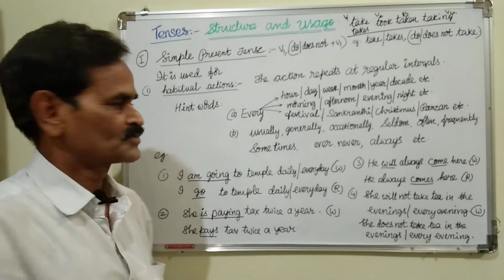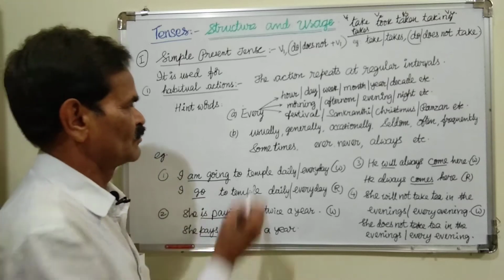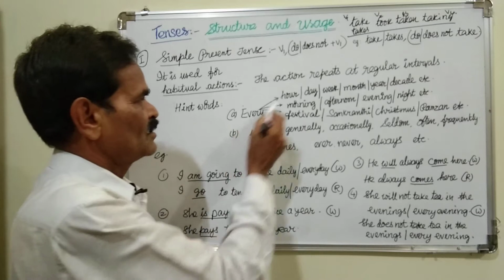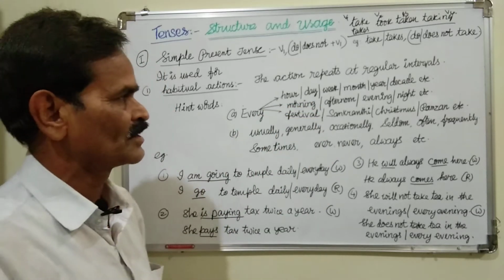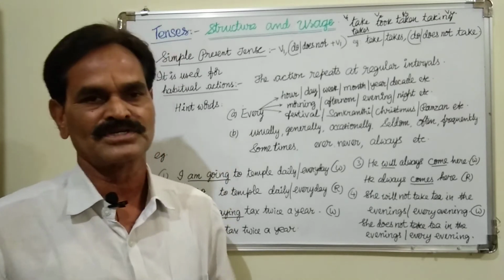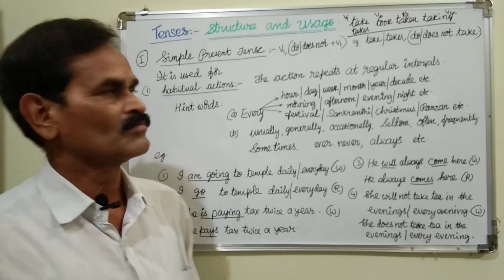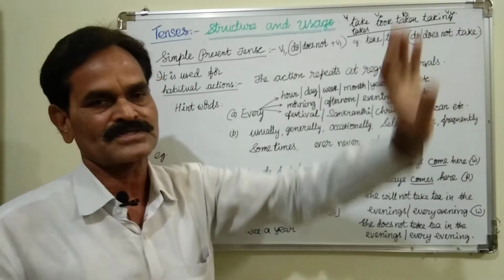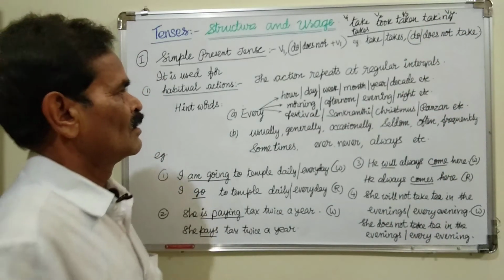What are the hint words? If these kinds of hint words are there, we must use simple present tense only. With the word every: every hour, every day, every week, every month, every year, every decade, every century. We must use only the V1 form. In negative, do or does plus not, and we use take.